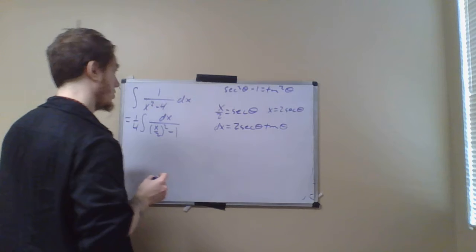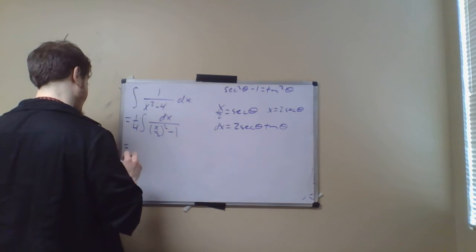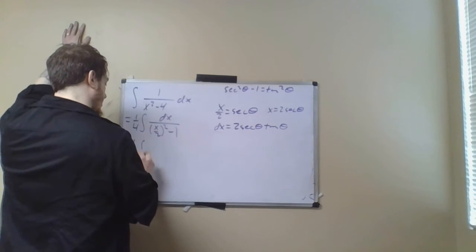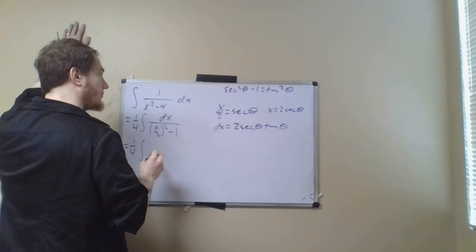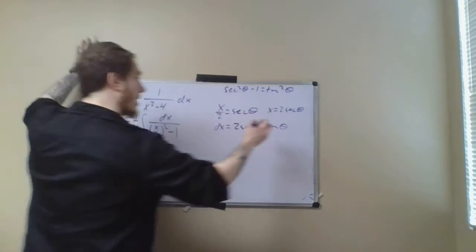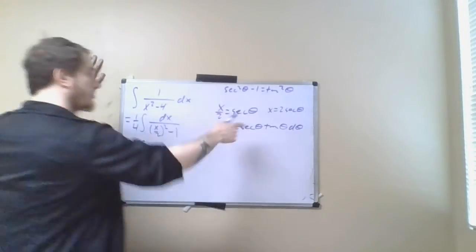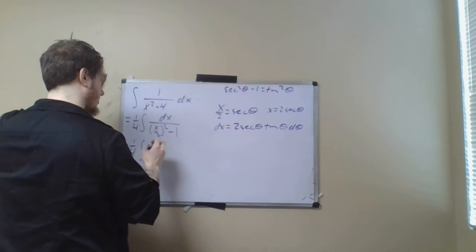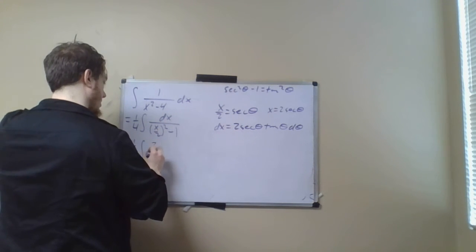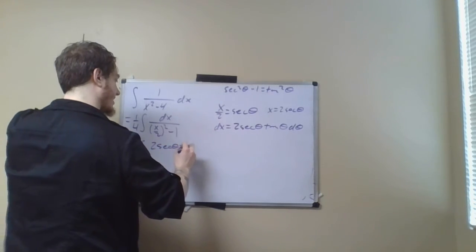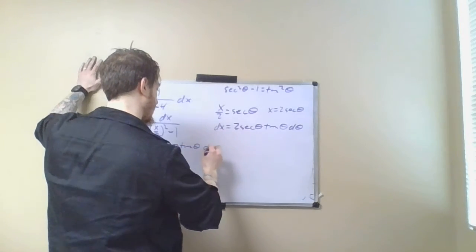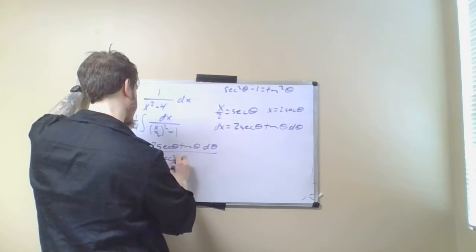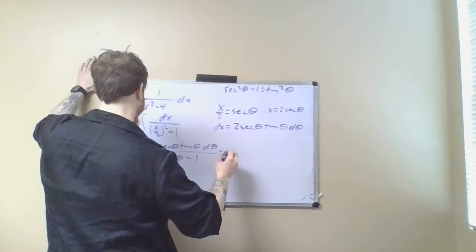So now what we can do is rewrite this as 1/4 times the integral of, I replaced the dx, oh, I'm sorry, I forgot my d theta here. I replaced the dx with this stuff in terms of my thetas, so this is going to be 2 secant theta tangent theta d theta, and this is all going to be divided by secant squared theta minus 1.